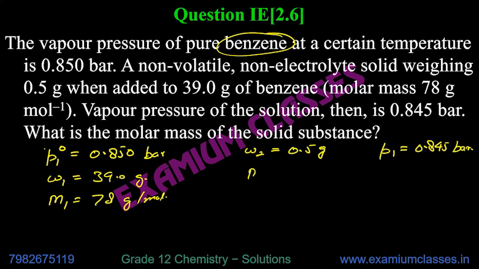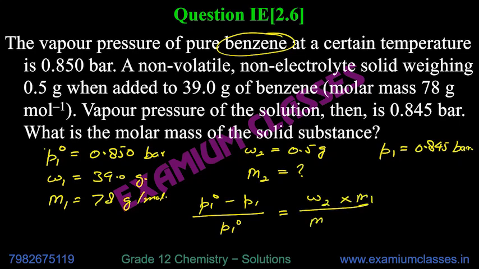You need to calculate M2, molar mass of the solid substance. Apply the formula: (P1 naught minus P1) divided by P1 naught equals W2 into M1 divided by M2 into W1.